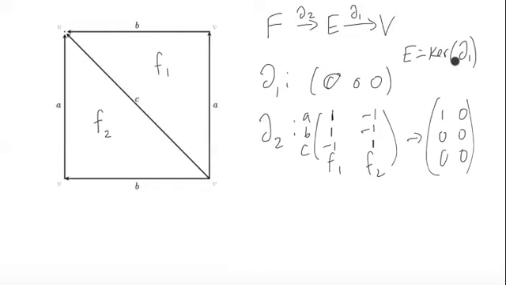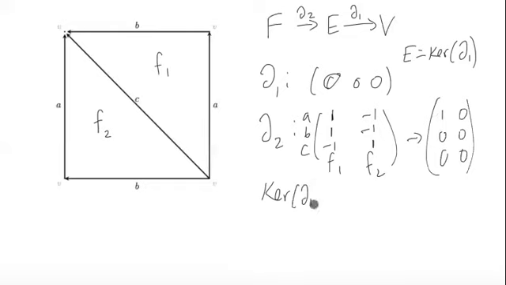Okay, so now noticing or realizing that the range of this is inside of the kernel of that, we can make a quotient space, this vector space over a subspace of it, the range of this boundary map.